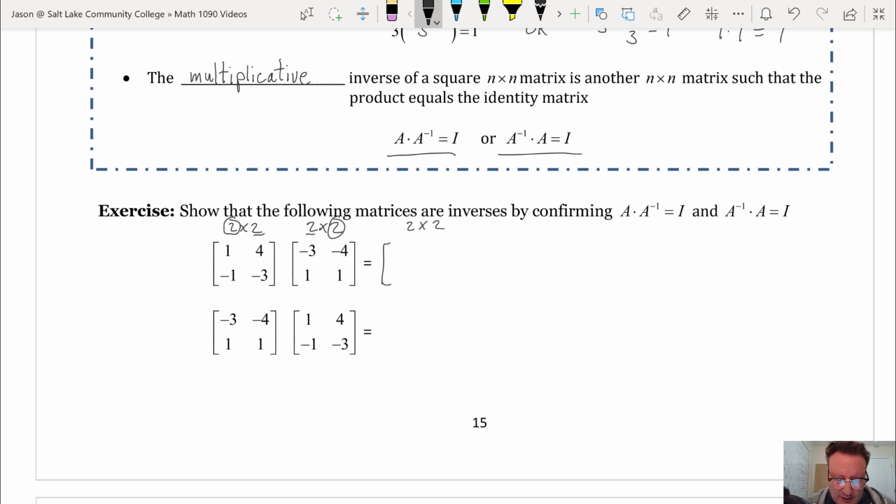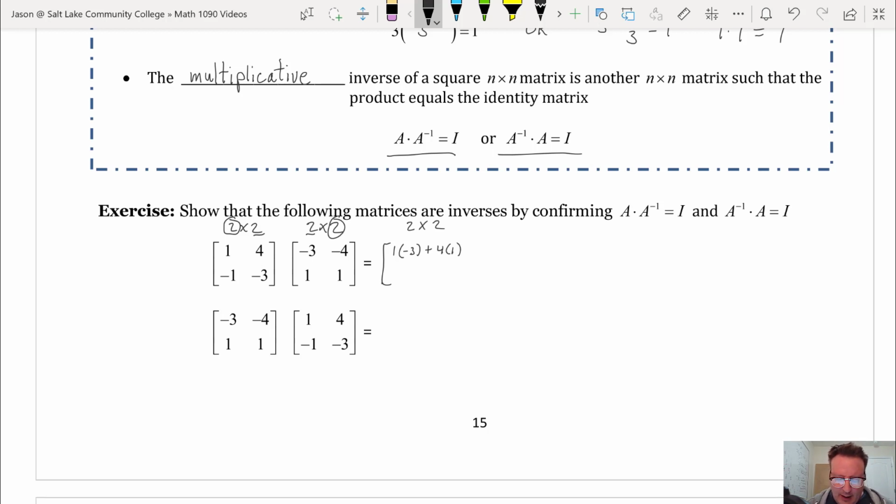To get the first element, which is in the first row and first column of the product matrix, I take the first row of the matrix on the left and the first column of the matrix on the right. And I pair up the elements. So I get 1 paired with -3, 4 paired with 1. So I'm going to get 1 times -3 plus 4 times 1.